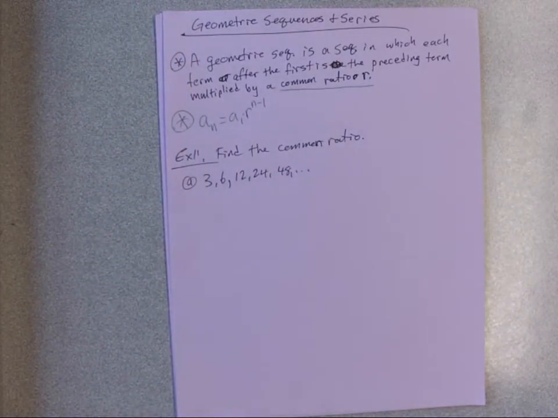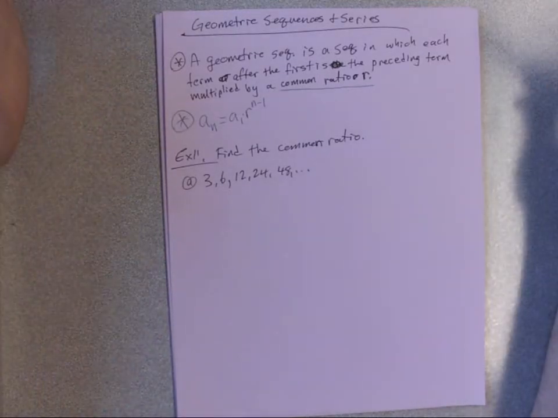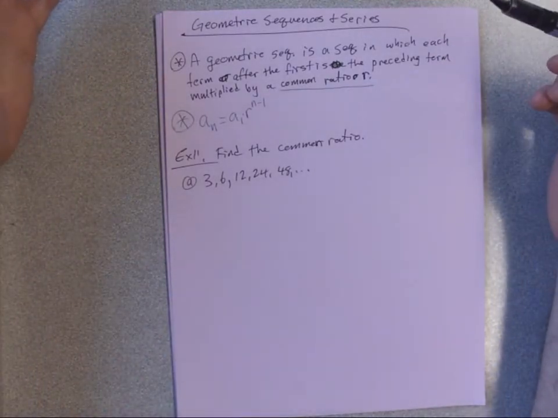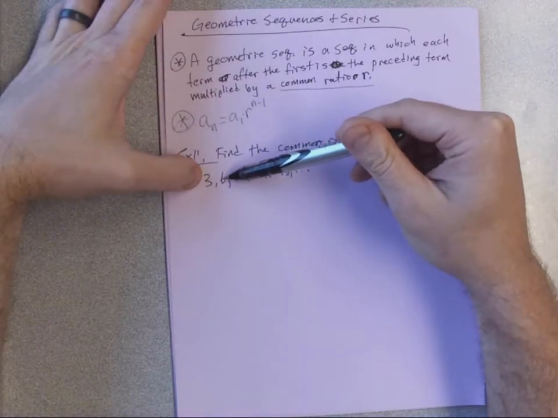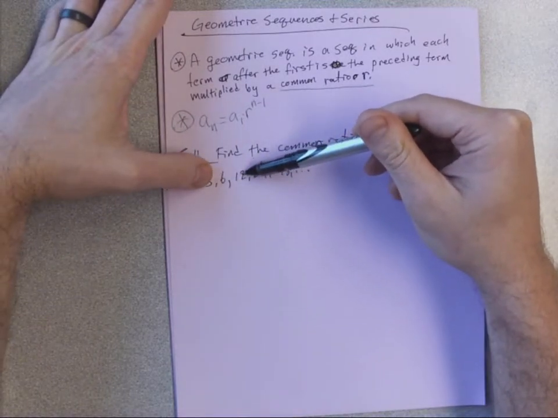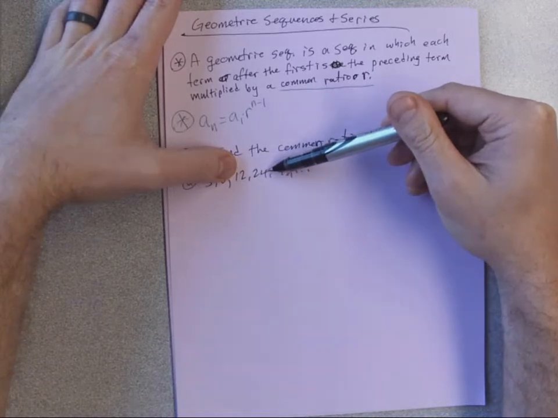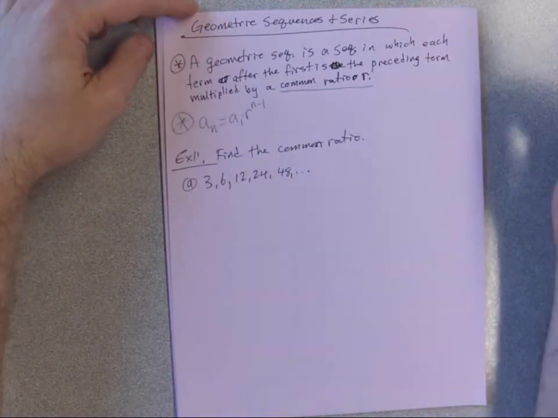Alright, so first let's see what the common difference would be. To get from 3 to 6, you have to add 3, then you have to add 6 to get here, and then add 12. So we can see that the common difference doesn't work here.